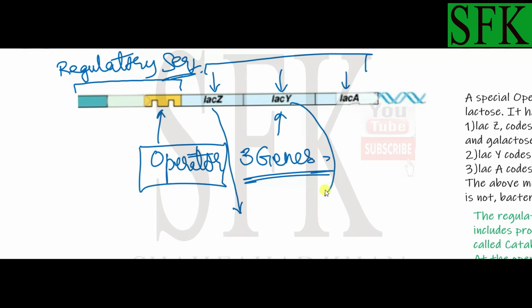LacY codes for permease, and LacA codes for transacetylase. And this operator is where the repressor molecule binds. All right, so it's the repressor binding site, and right upstream of the operator is your promoter region where the RNA polymerase binds.